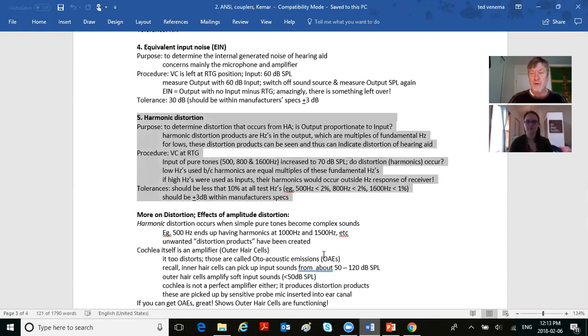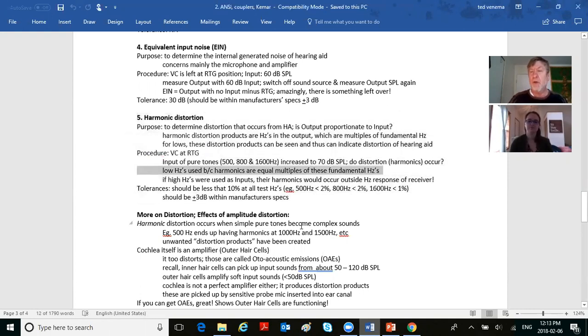Do harmonics occur? Low frequencies are used because harmonics are equal multiples of these fundamental frequencies. If highs were used, their harmonics would occur outside the response of the hearing aid receiver. The tolerances should be less than 10% at all test frequencies and should be within plus or minus 3 dB of specs.